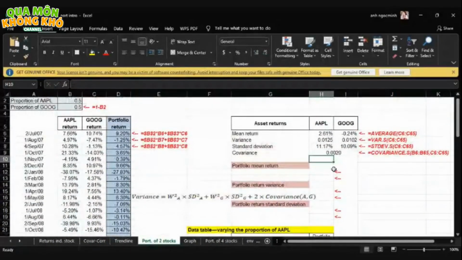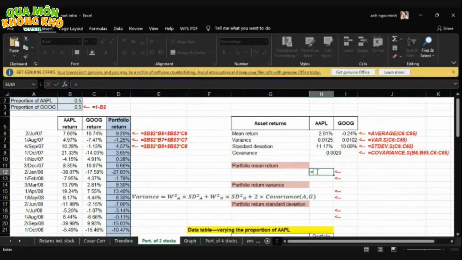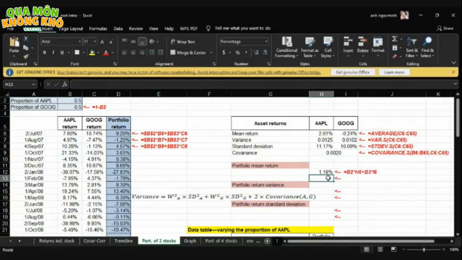So here is the result. And to calculate the portfolio return, the first way we take the proportion of Apple multiplied with its return plus the proportion of Google multiplied with the return here.